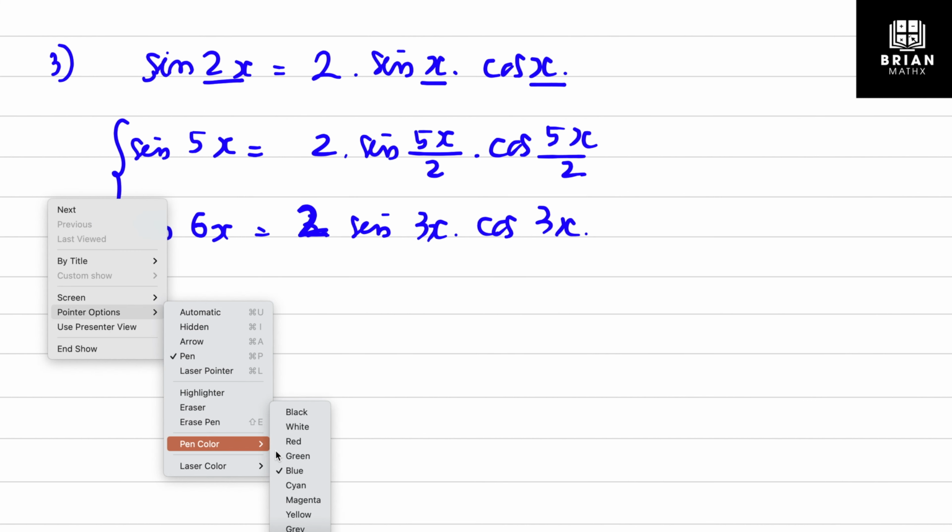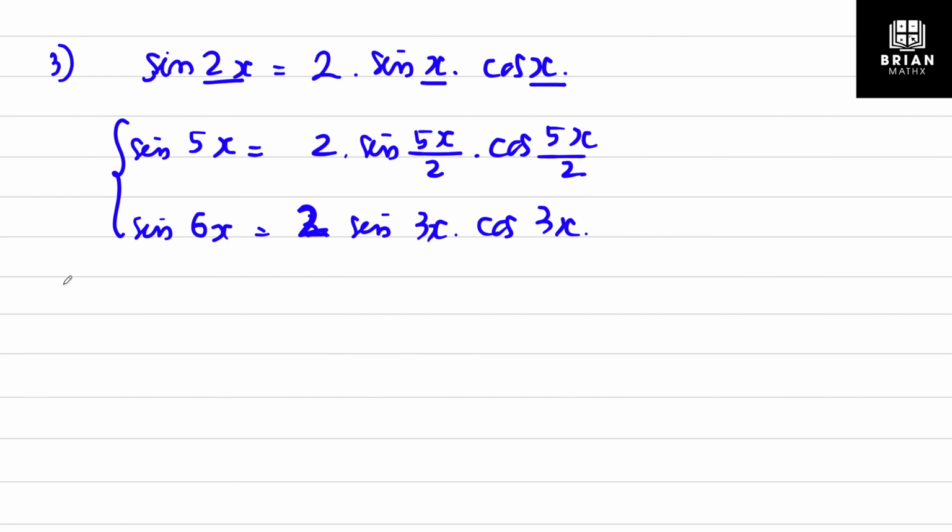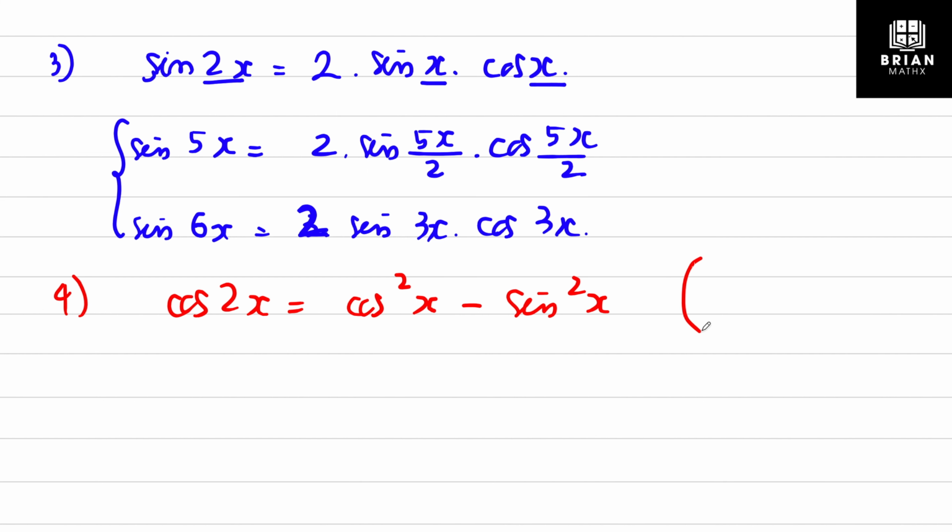The second double angle I always use in my exercises is cos. Cos of 2x becomes cos square x minus sine square x. This is a little bit different from this expression, and I hope you can tell them apart. This is cos square minus sine square, but this one is cos square plus sine square.